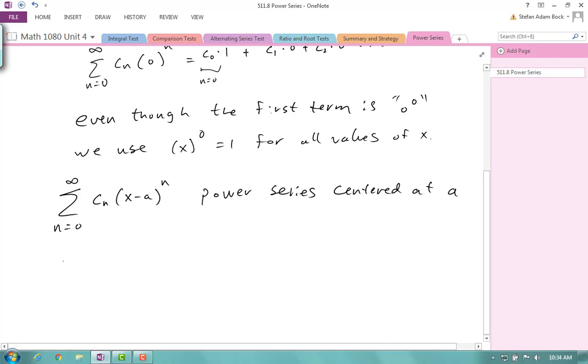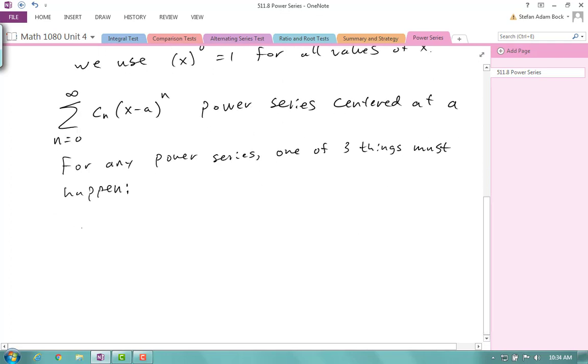But what is true for any power series, one of three things must happen. One, the series converges for all x values.